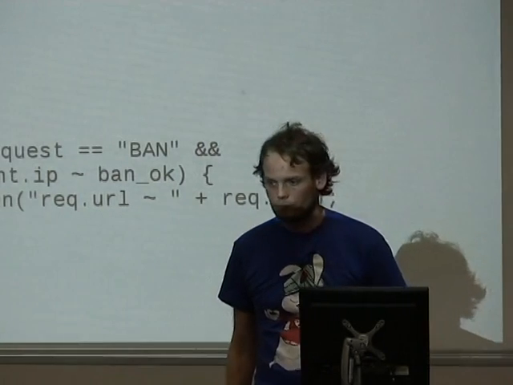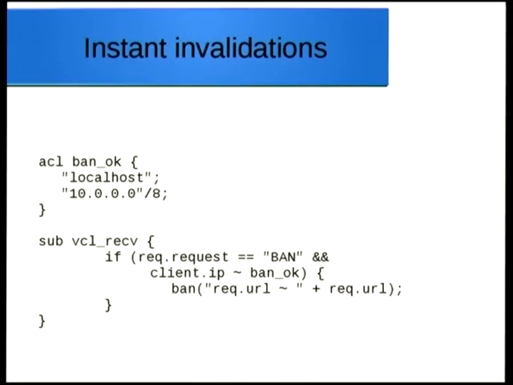insert that ban. So ban does not prevent stuff from being cached in the cache. It merely invalidates the content in the cache itself. And the way it does this is that all the objects have a reference to the most recent ban they have been checked against.